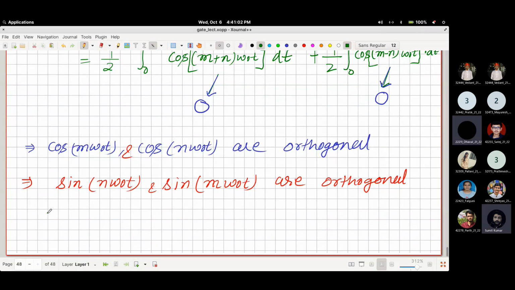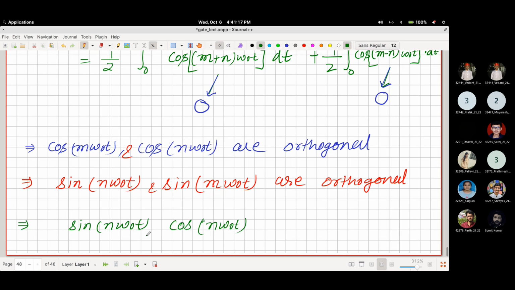Okay. Yes. So now we just have one set, and that is sine n omega naught t and cos m omega naught t. Right? Whether their dot product will be zero or not. So we'll see that their dot product is also going to be zero. Why will it be zero?